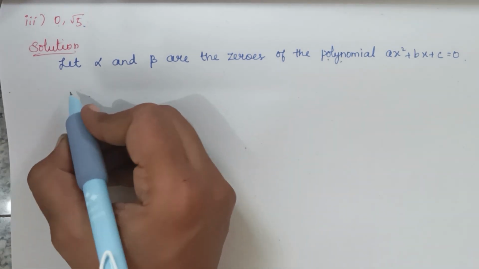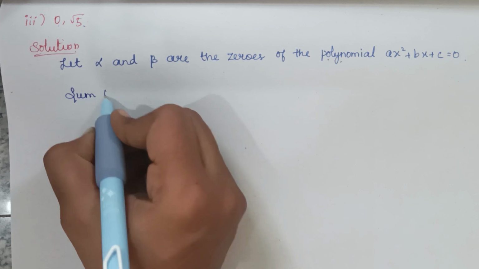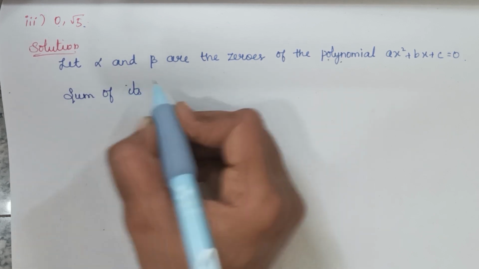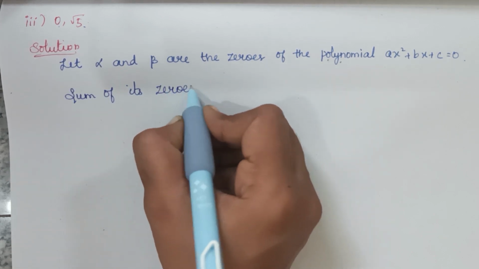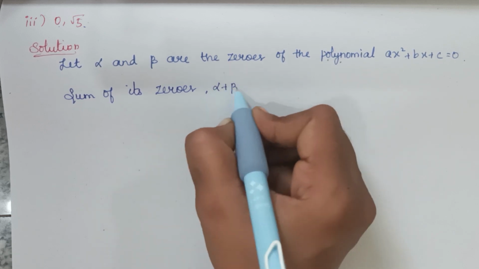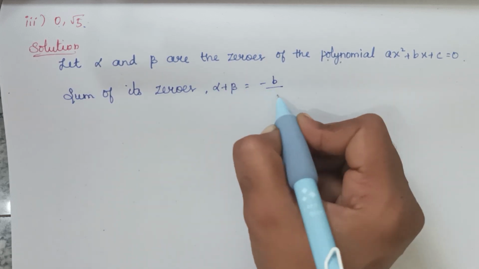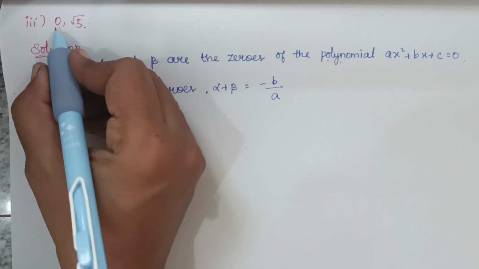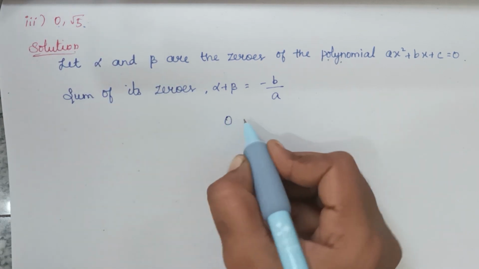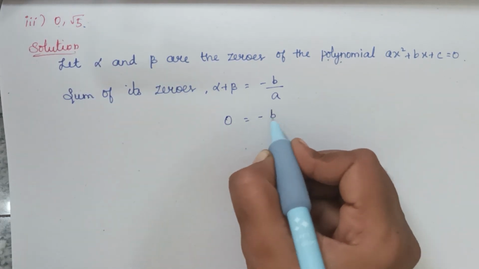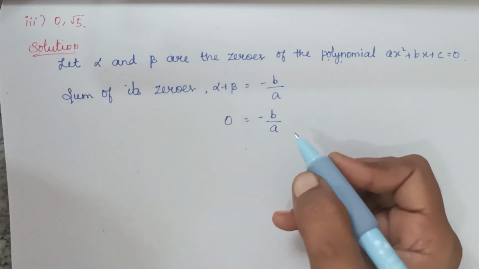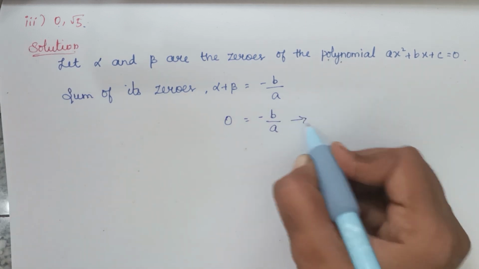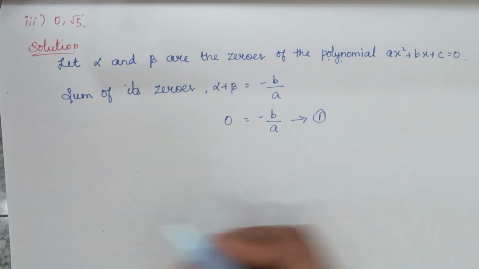Now we'll take that formula, sum of its zeros, that is alpha plus beta is equal to minus b by a. The alpha plus beta value they have given is 0, equal to minus b by a. So we'll consider this as equation 1.